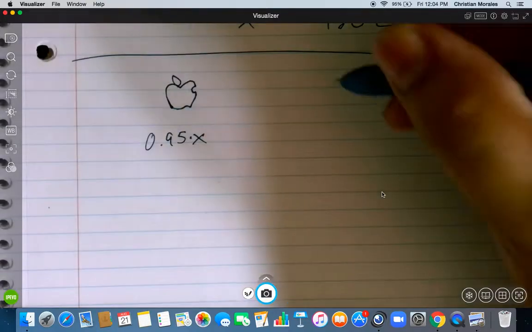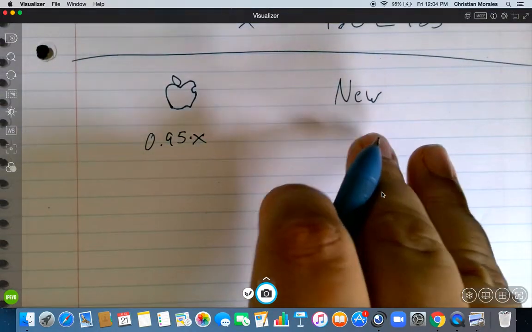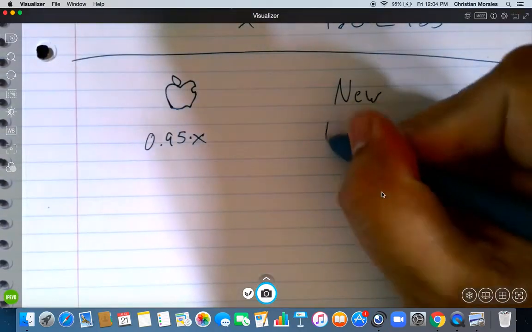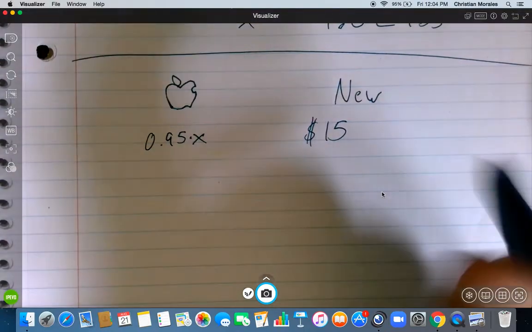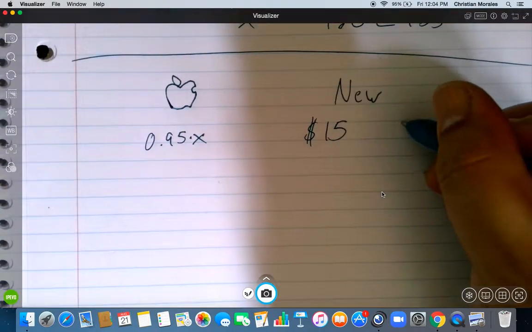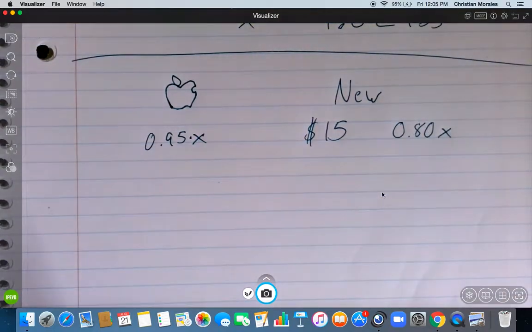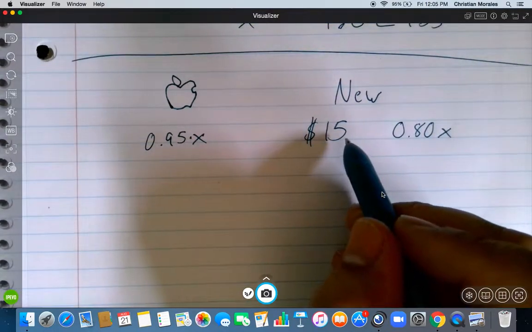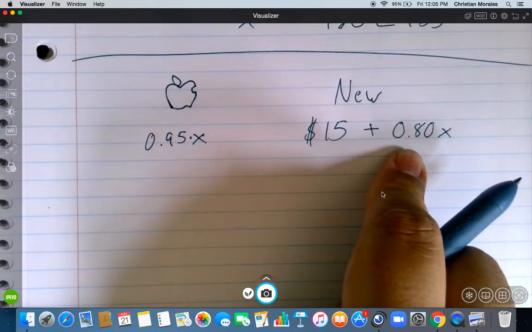But there's a new service. They're going to charge you $15 to be a member. But then after you're a member, every song is going to cost you only 80 cents. But remember, you have to pay $15, so you have to add that to your purchase.